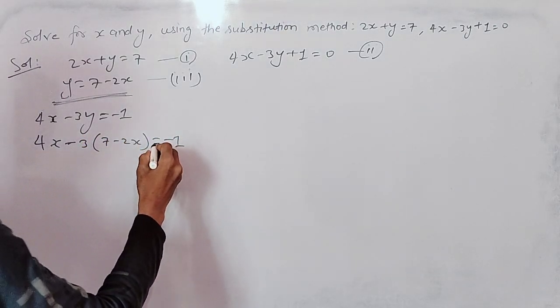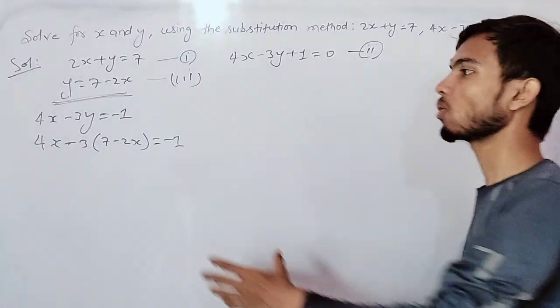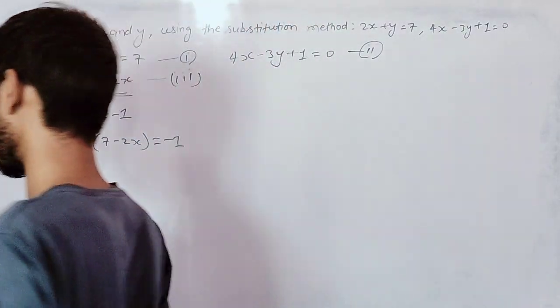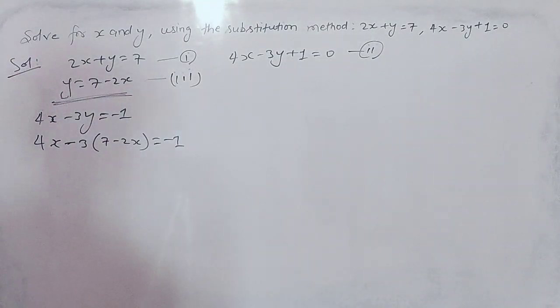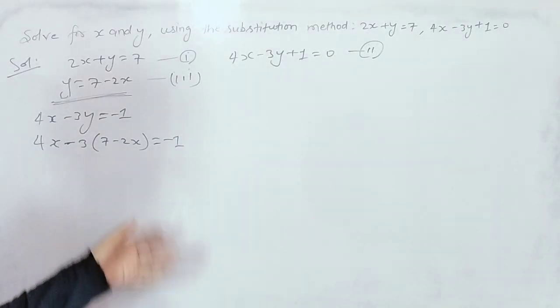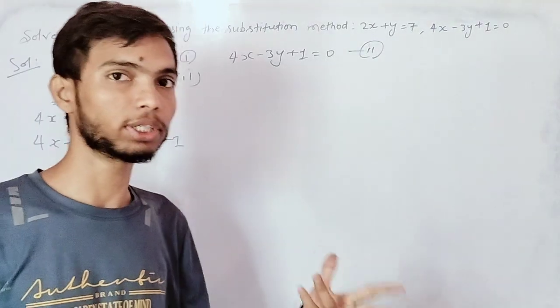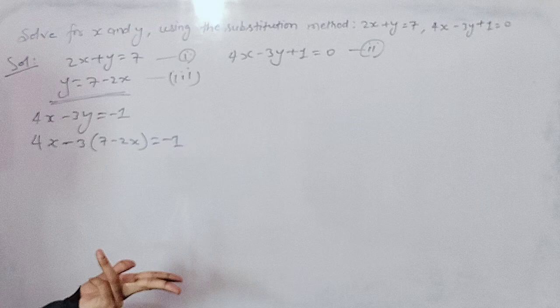Now can you tell me, by doing that, what will we get? We will get a value of x. Now we have a linear equation in one variable, not in two variables. In the first equation we have a linear equation in two variables, but in this equation we have a linear equation in one variable.